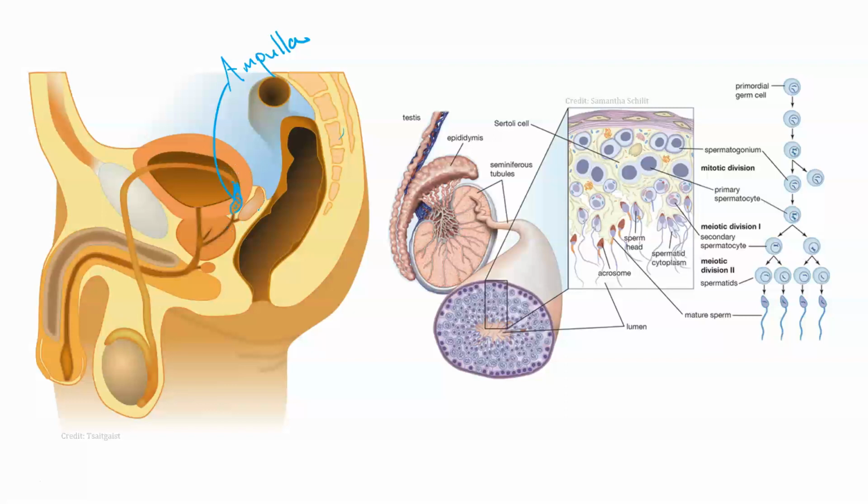Okay, right alongside the ampulla then is a gland called the seminal vesicle. And the seminal vesicle will be releasing some fluids, and together, right prior to ejaculation, the sperm and those fluids will mix together. Now, there's a substance called semen, and semen is going to be a combination of sperm cells plus a fluid.